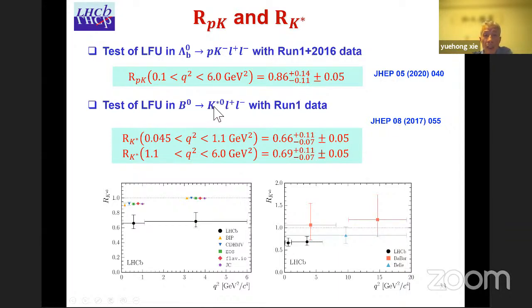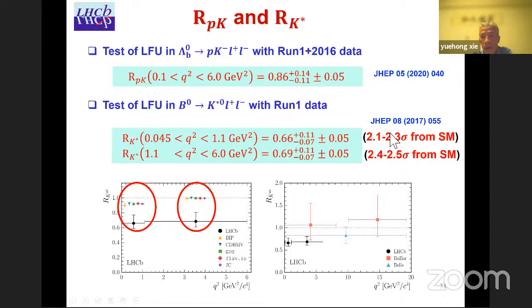In B0 to K star 0 l l, the measured RK star is still below unity, and the discrepancy is at the level of 2.1 to 2.5 standard deviations. So you can see how this looks in the low q-squared region.